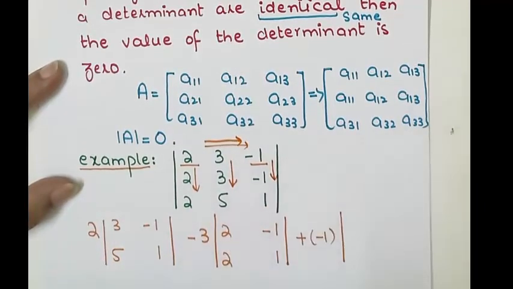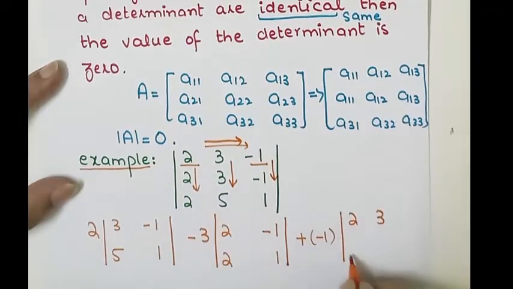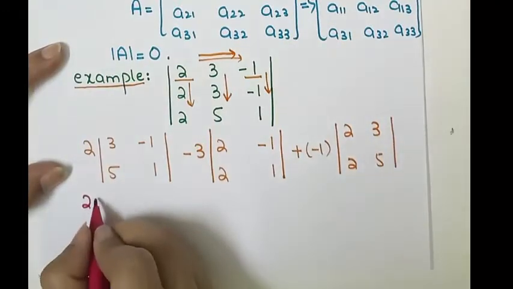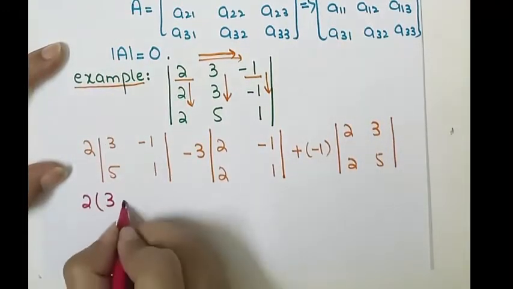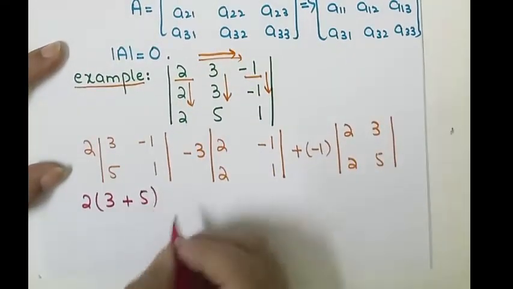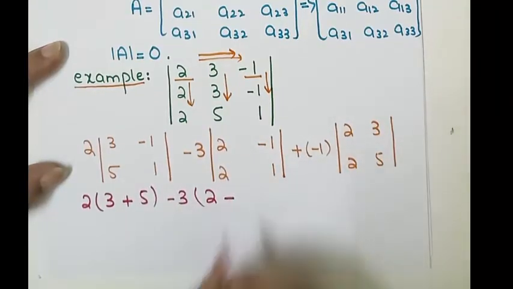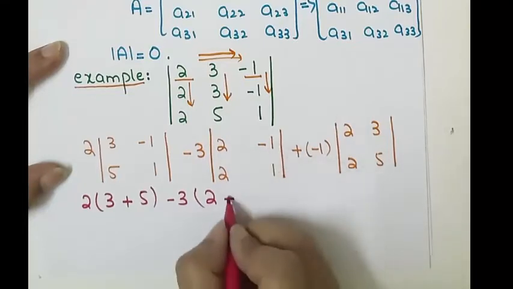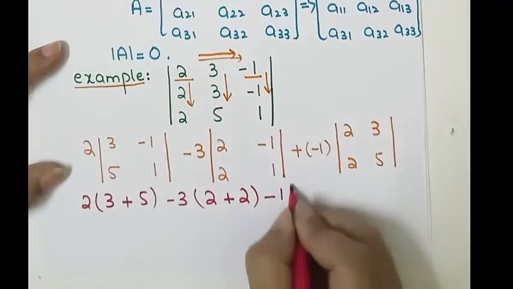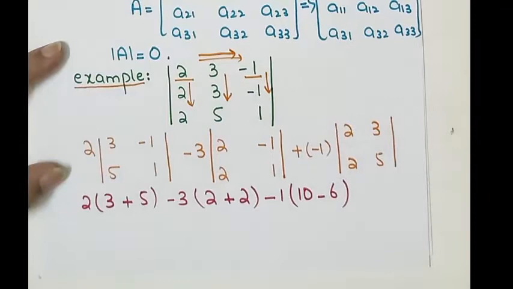Ignoring third column and first row, we have these four terms, 2, 3, 2 and 5.